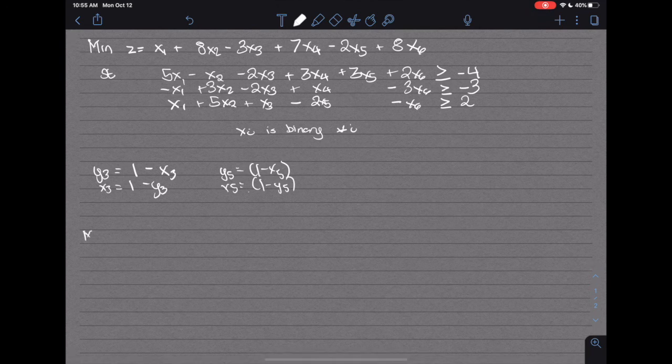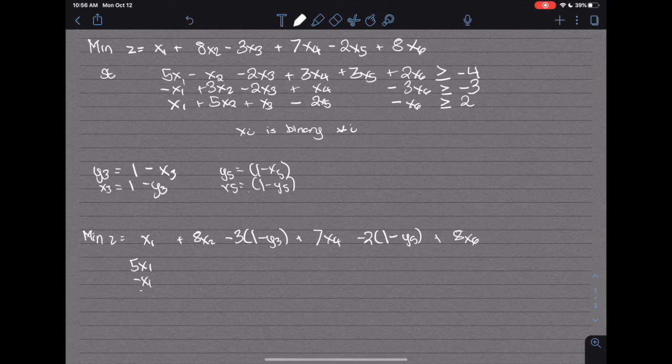So you will have min z equals x1 plus 8x2 minus 3 times 1 minus y3 plus 7x4 minus 2 times 1 minus y5 plus 8x6. We also do the necessary transformation in your constraints. So that's 5x1, no transformation for x1, no transformation for x2 as well.